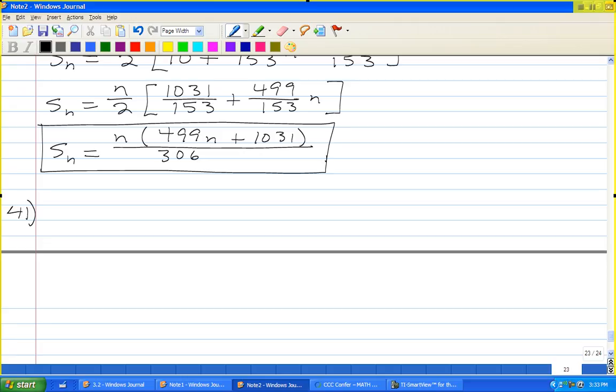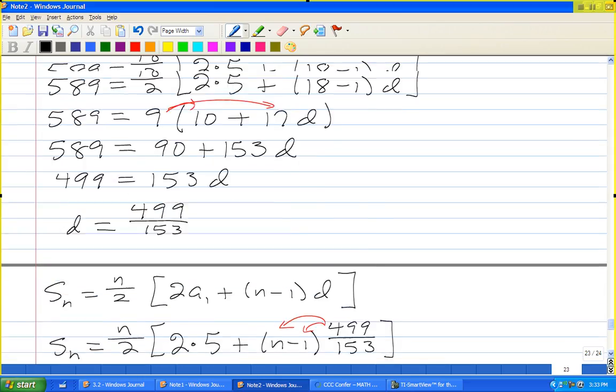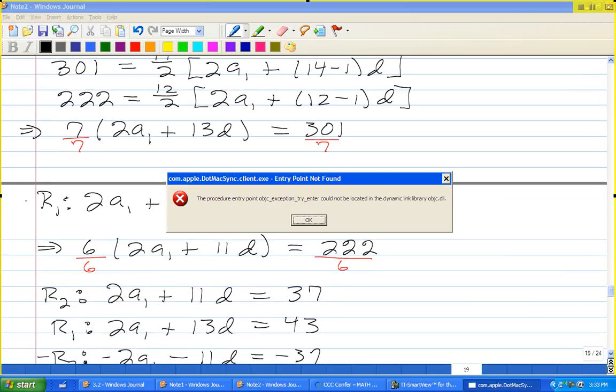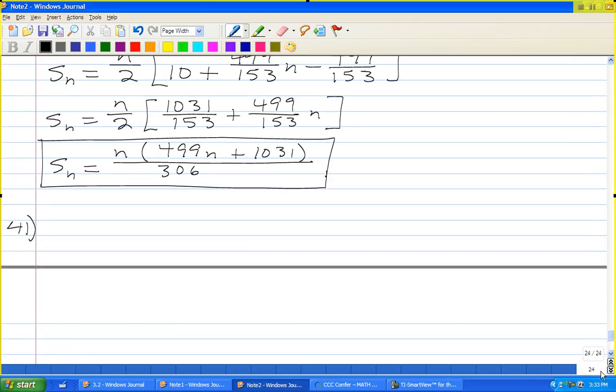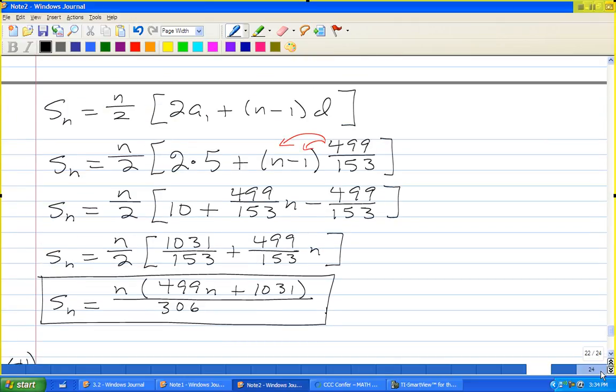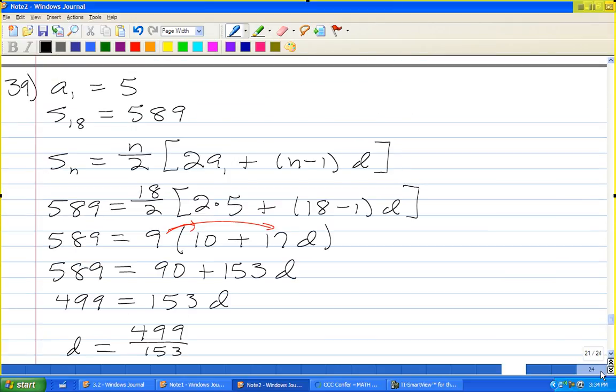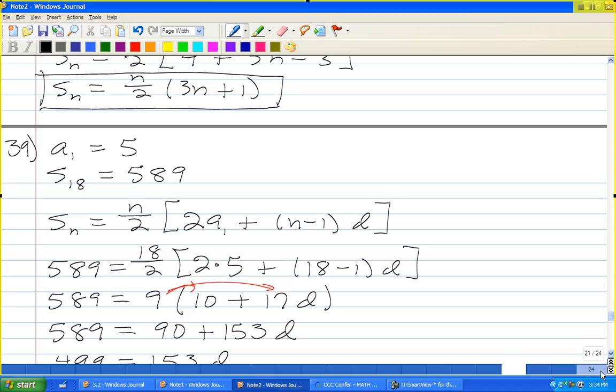This is problem number 39, in section 15.5.